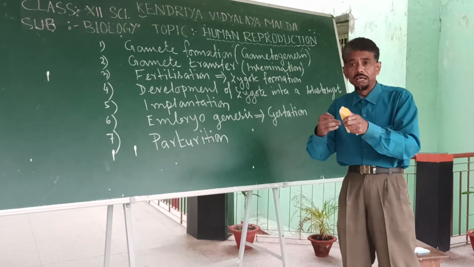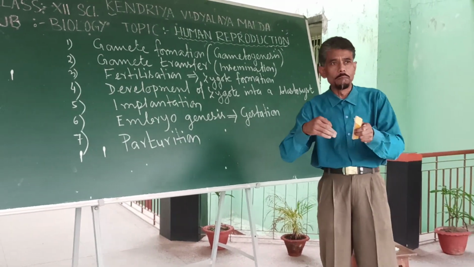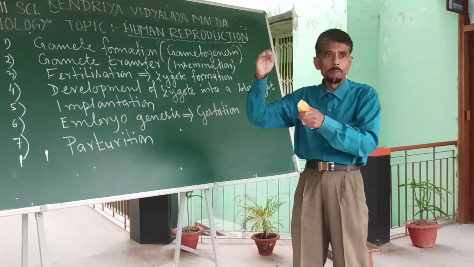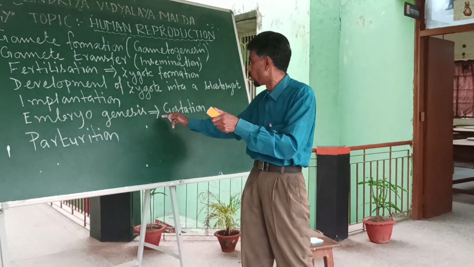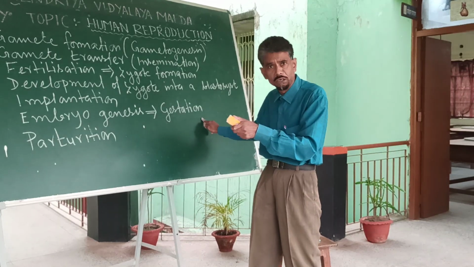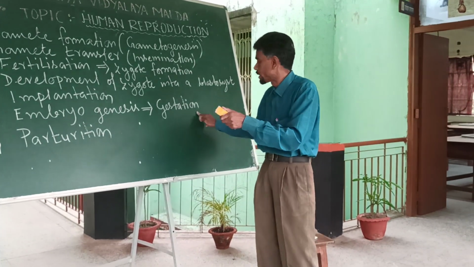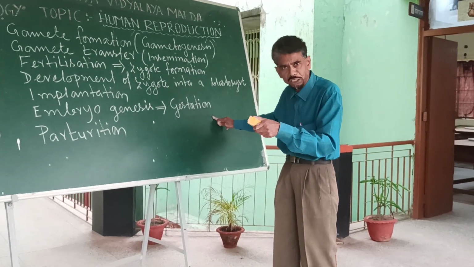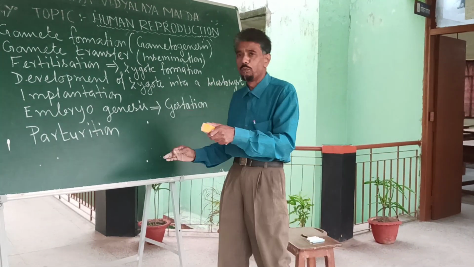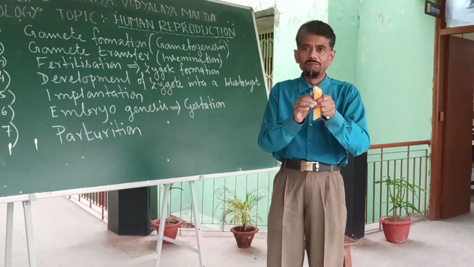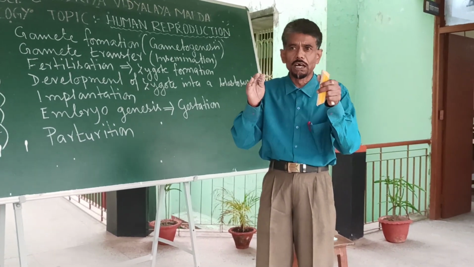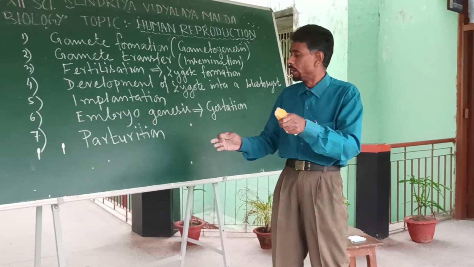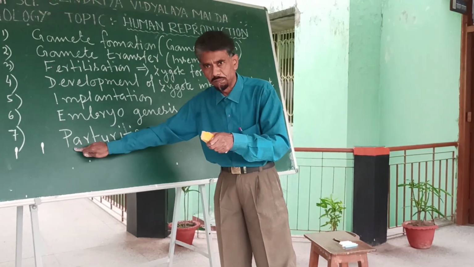Next, the blastocyst will gradually develop through different stages of embryo development, and this whole period of embryo development, through which it will convert into mature fetus, is called gestation period. Once the baby is fully grown within the mother's womb or uterus, then it will be released. That is what you call parturition.